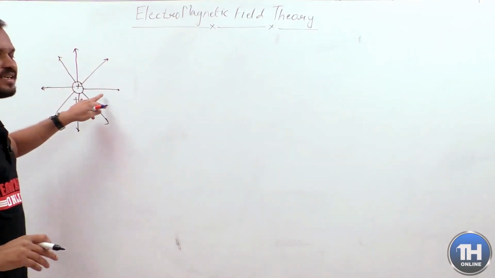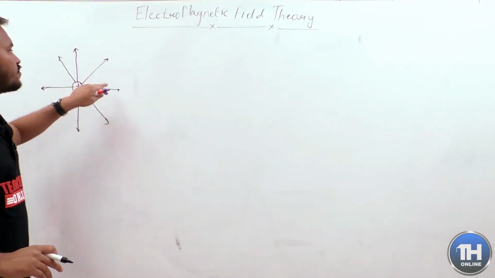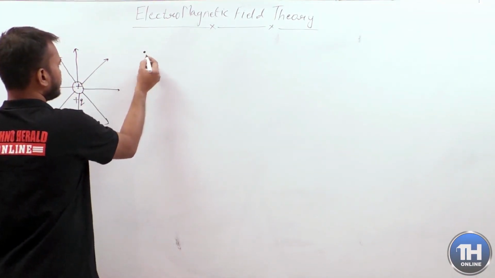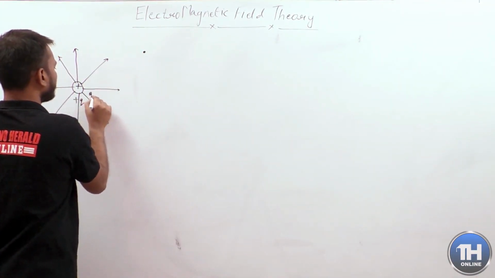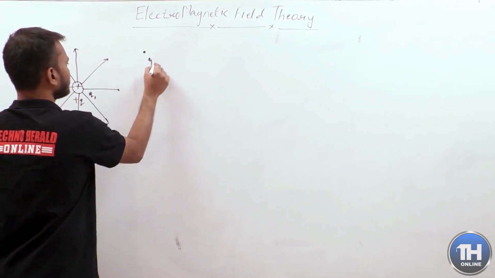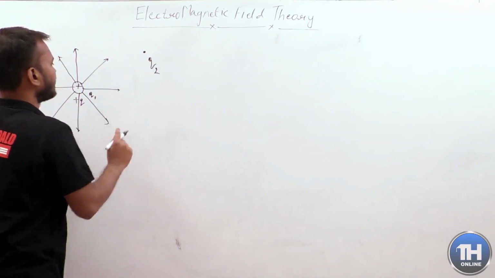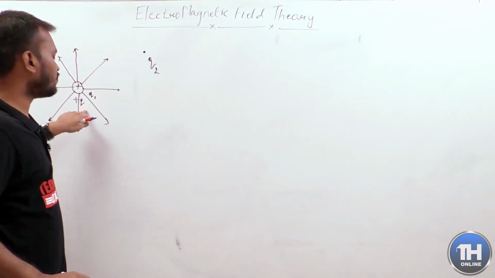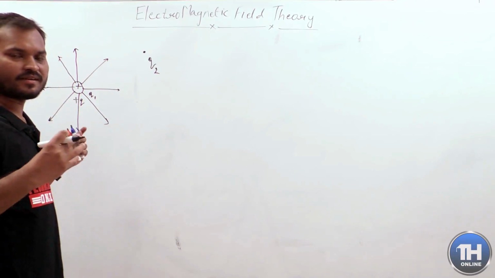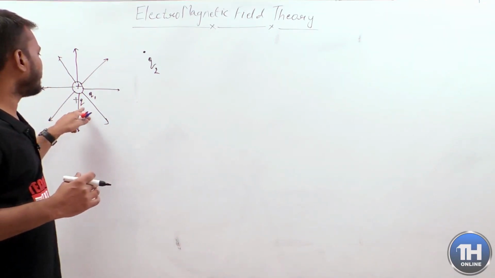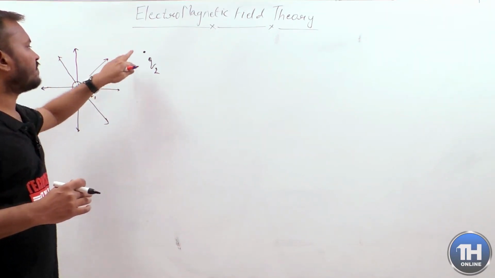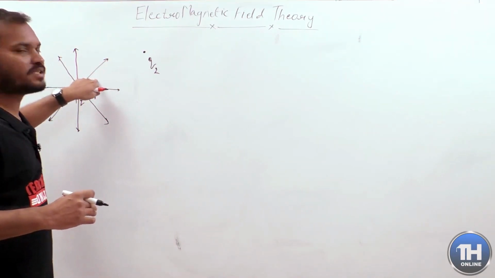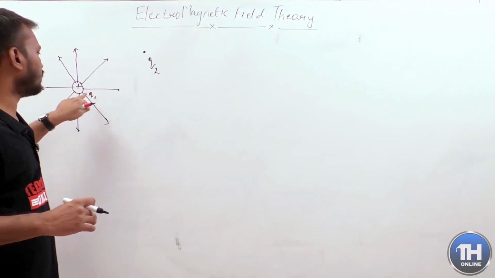Since it is emanating an electric field around it, any other charge, let's suppose this is a charge q1 and this is charge q2, then any other charge q2 coming close to this charge q1 will experience a force, so it will have to do some work in order to come towards this charge q1.